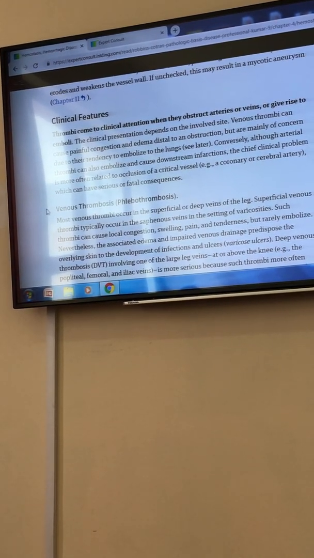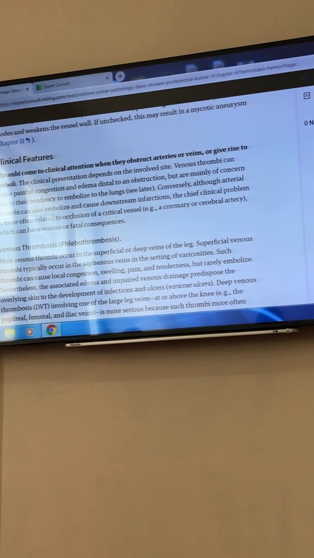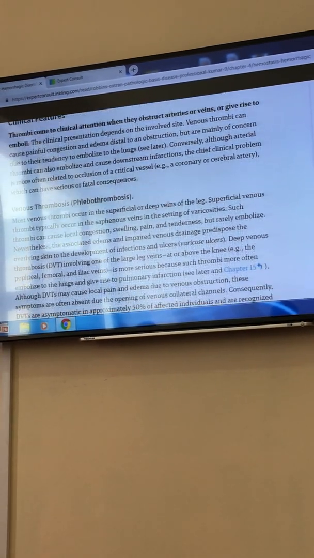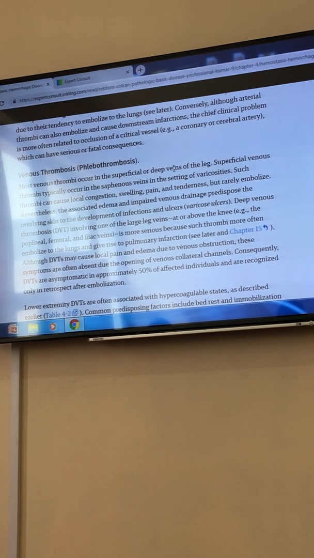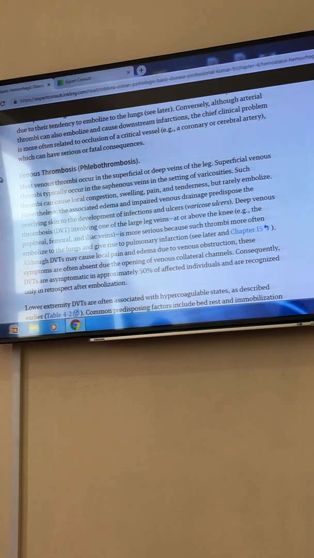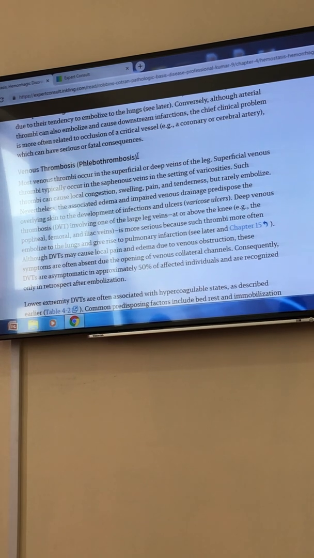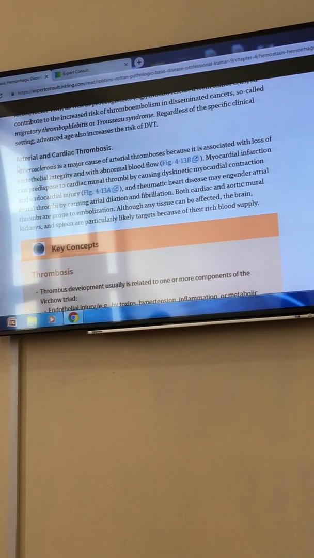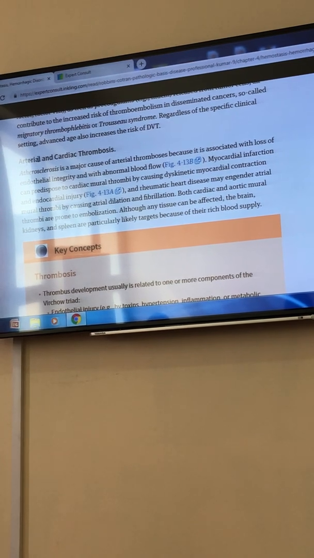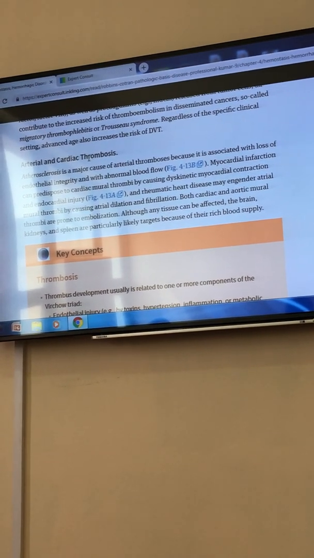So we have thrombosis in veins or arteries. Thrombosis in veins is also called phlebothrombosis. Thrombosis can also be seen in arteries and the heart.